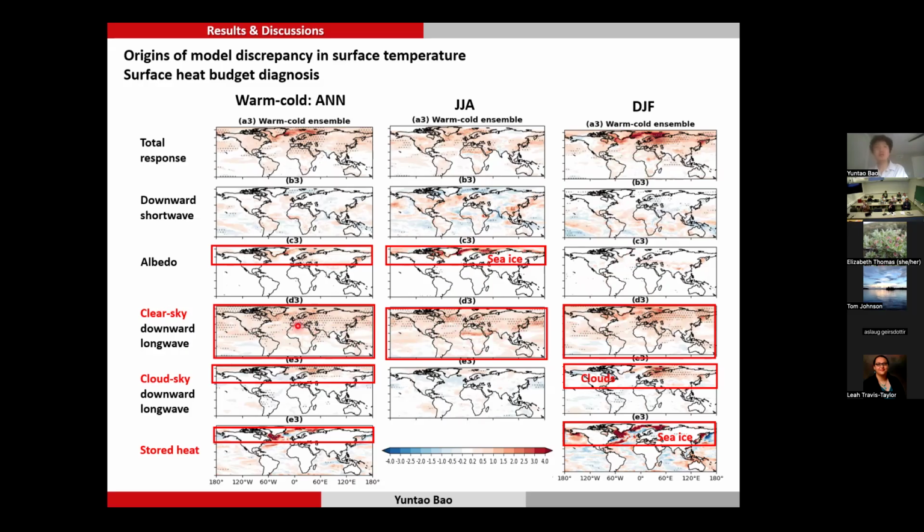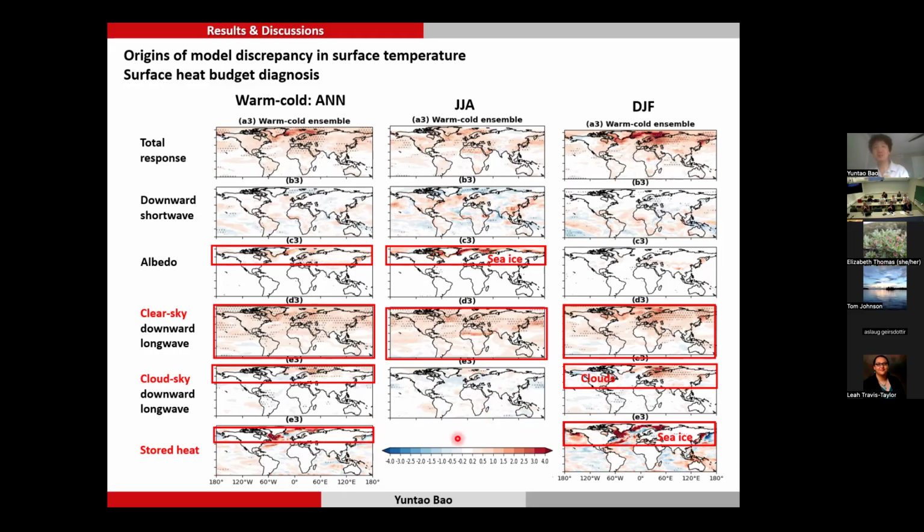And for DJF, the very dominant one is coming from the stored heat. This is not very intuitive, because this tells us the heat is coming from the ocean. The ocean heat will warm the atmosphere. But how does that warm the atmosphere? The thing is that in warm models, the sea ice decreases a lot, so that will increase the sea surface temperature.